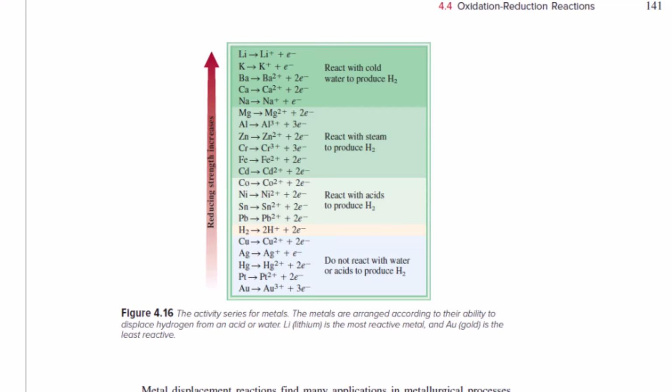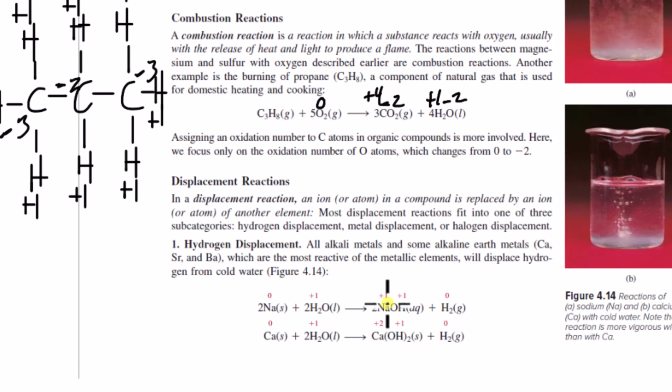Okay, and remember, with a single displacement reaction, you have atoms in an elemental form of a substance replacing atoms of an element in a compound form. But now you might ask, can these single displacement reactions only occur in aqueous solution? Well, no, they can occur in any scenario, in any environment.